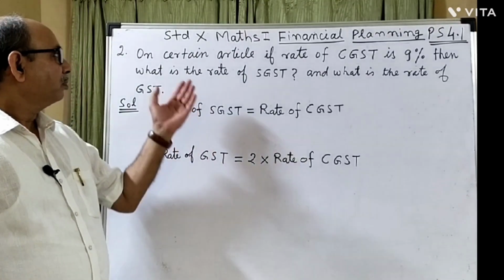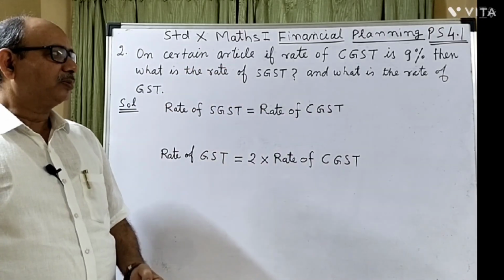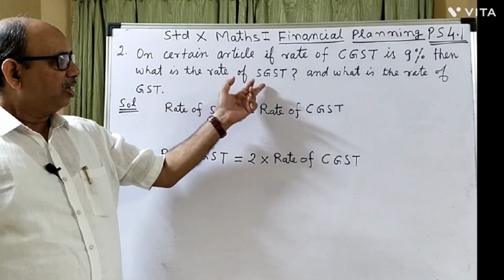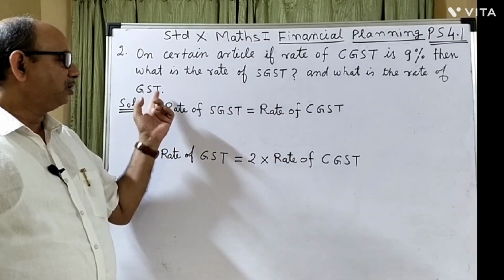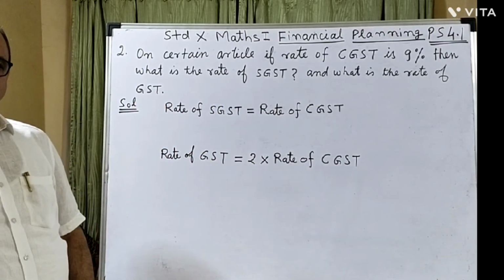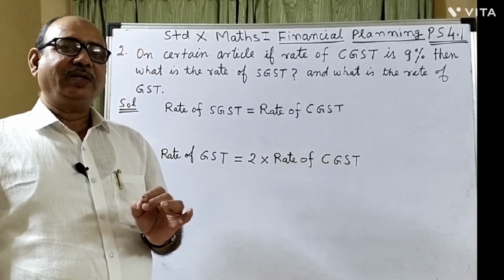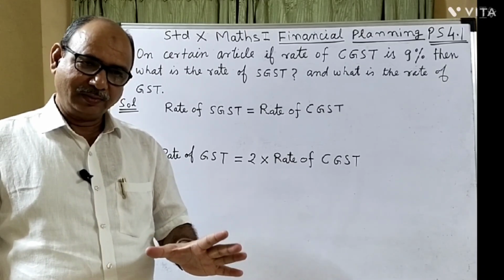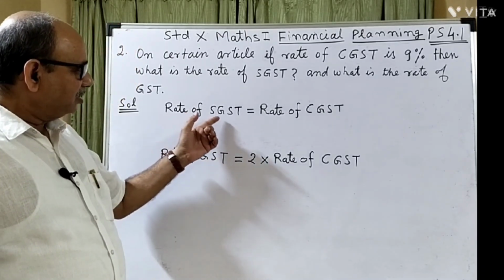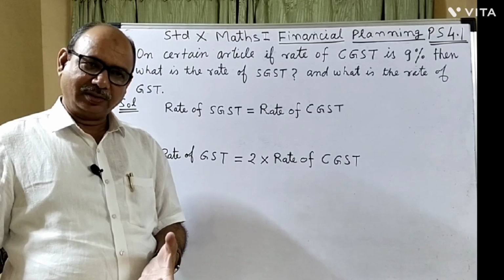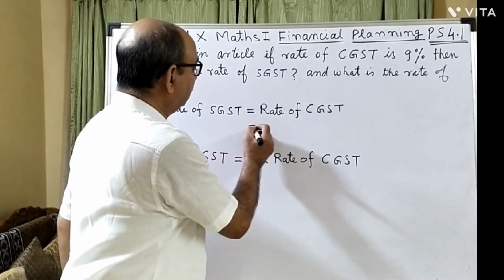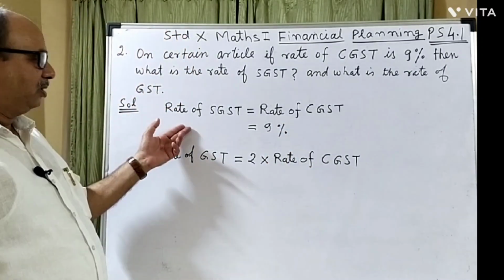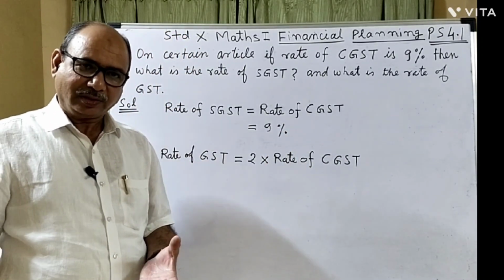Question number 2. On a certain article, if rate of CGST is 9%, then what is the rate of SGST and what is the rate of GST? Same formula. GST is always shared equally between the state and central government. That is, rate of SGST is equal to rate of CGST, and rate of CGST is given as 9%. Therefore, rate of SGST will be equal to 9%.